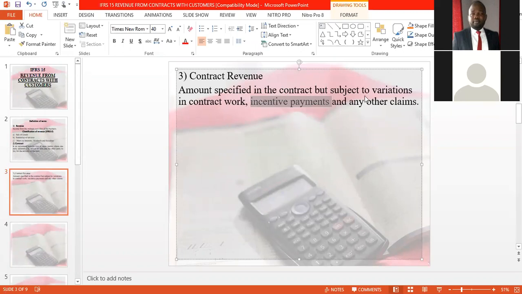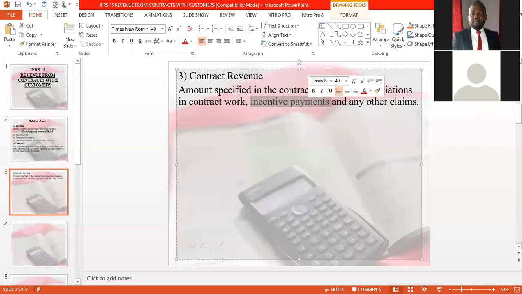Variations in contracts. Subject to variations. It is subject to these, which means if you agree that the contract price is 10 billion, these 10 billion may change. I'm answering the person who has asked the question. That is what we call subject to variations in contract work. It may change if there are some incentives to be paid.